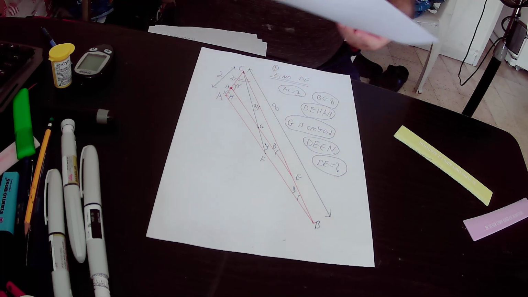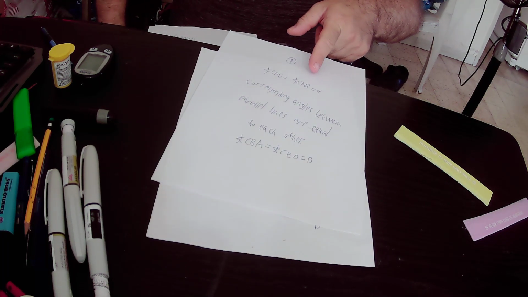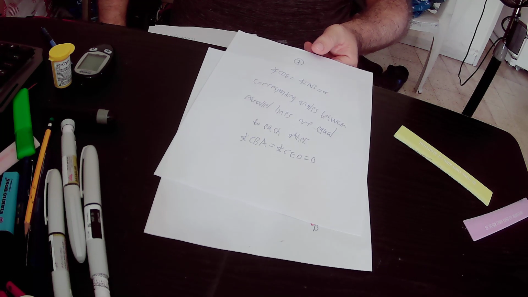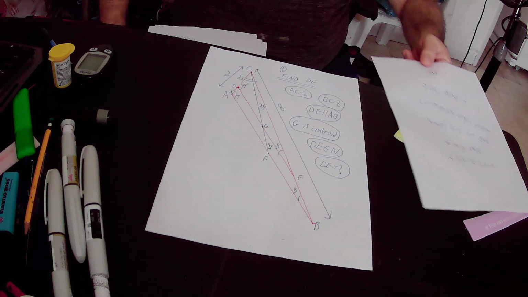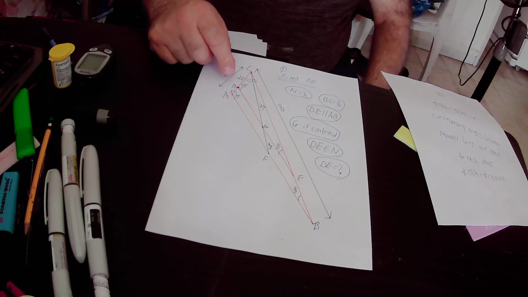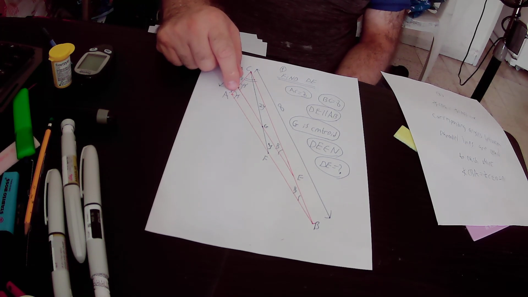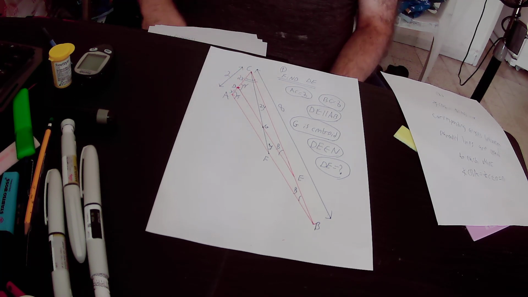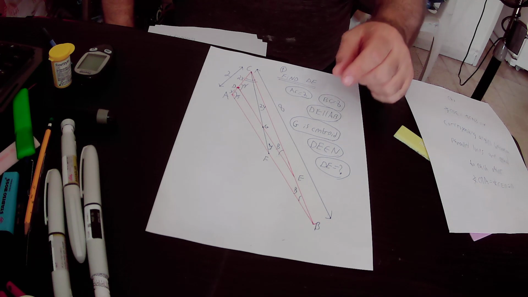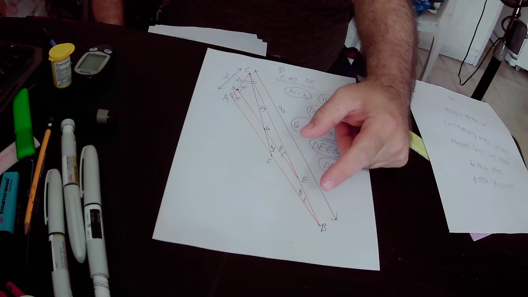That is to say, angle CDE will be equal to angle CAB, and if angle CAB equals alpha, then angle CDE will also equal alpha. And we have the same rule for these two angles.